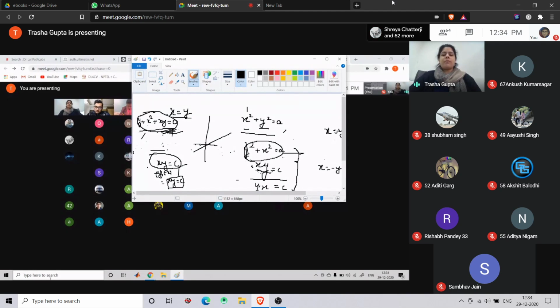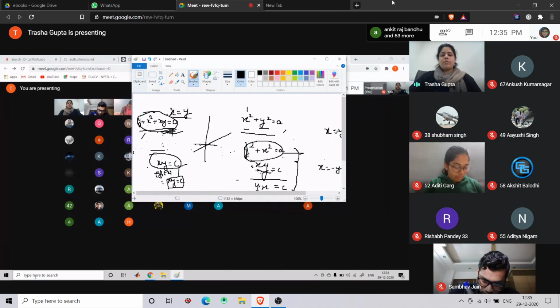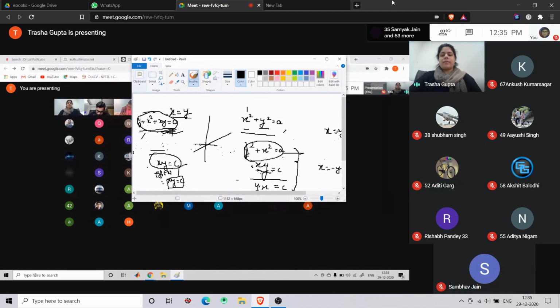So please write down, all of you please write down: if the curve is passing through the origin, to find the equation of the tangent to the curve at the origin, equate to zero the lowest degree terms in the equation of the curve.